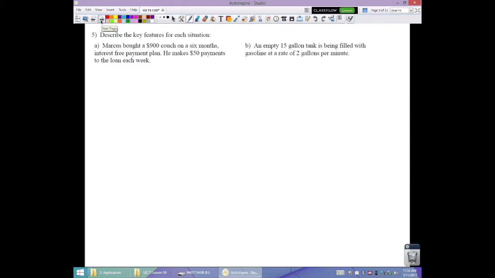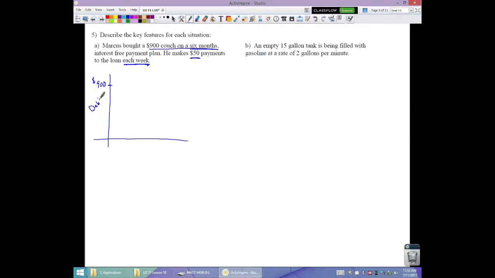Okay, number 5, key features. Marcus buys a $900 couch on a 6-month payment plan. He's going to pay $50 each week. So we're starting off owing $900. If I think about a graph here, I start off owing $900.